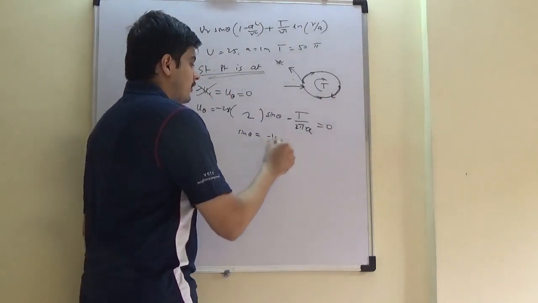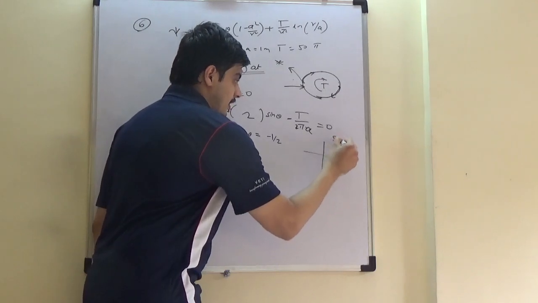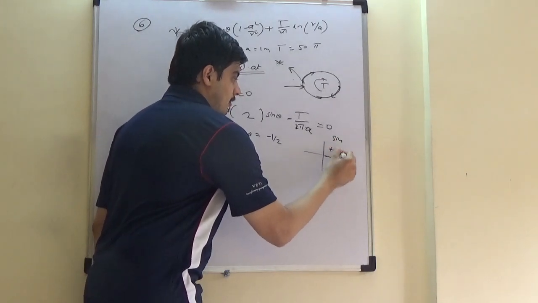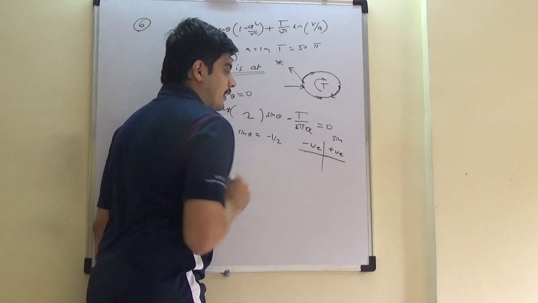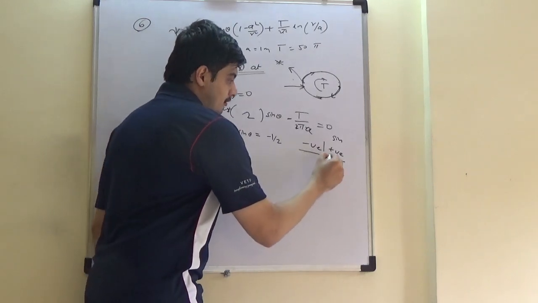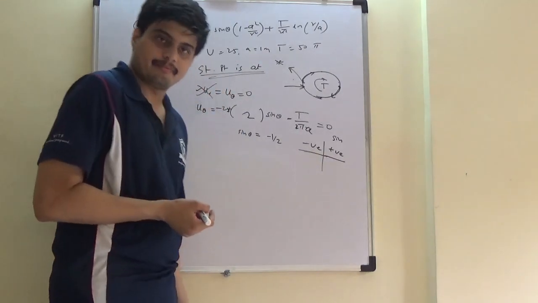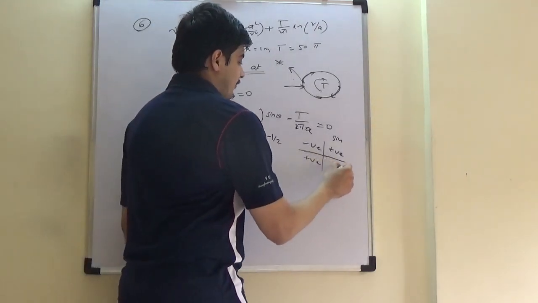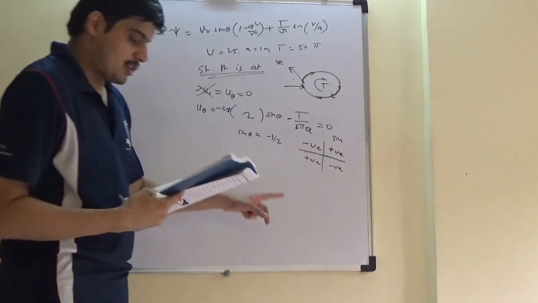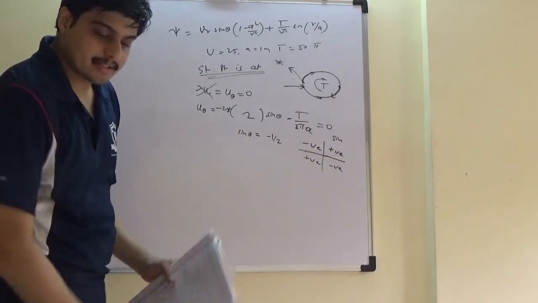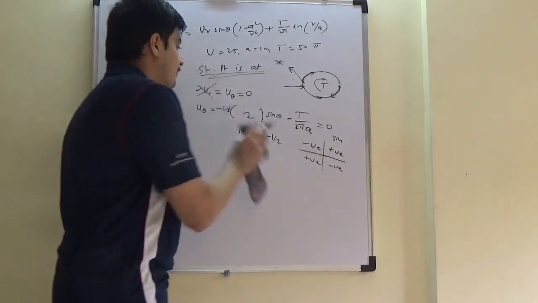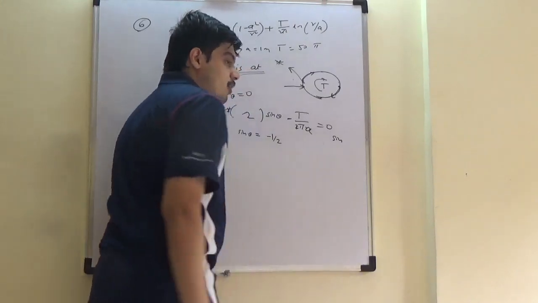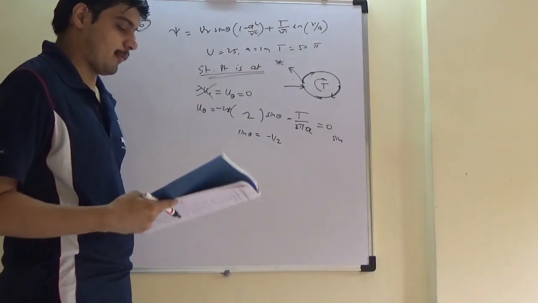Second and third quadrant, right? This is sign. First quadrant positive, second quadrant negative, third quadrant, what is it, positive or negative, right? Which means minus is going to be in a quadrant where you are going to experience a negative flow.